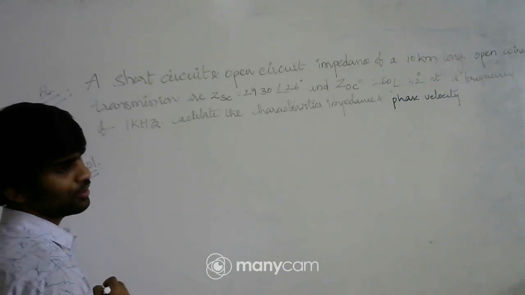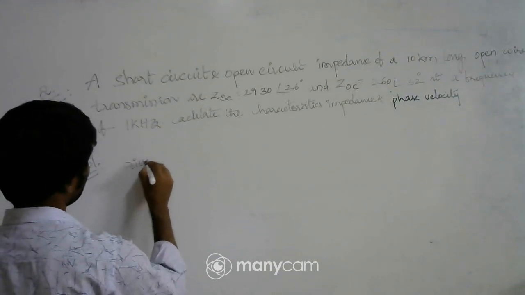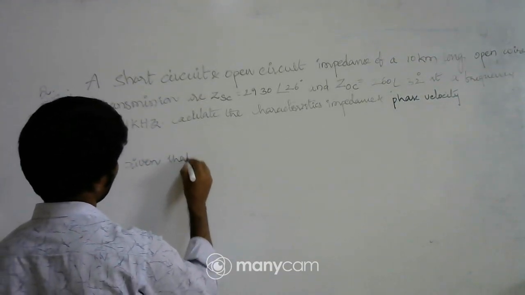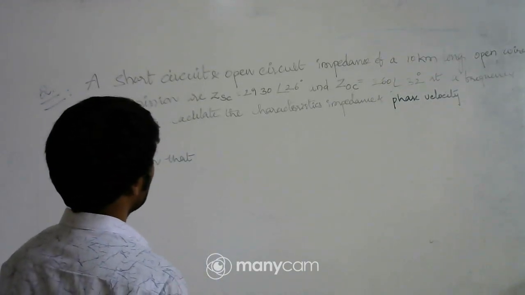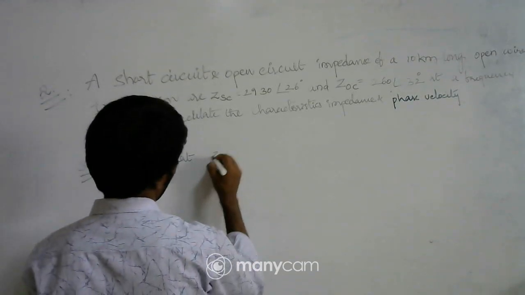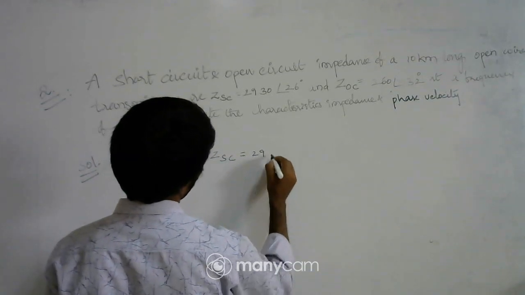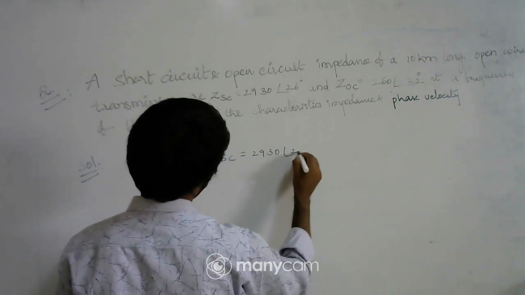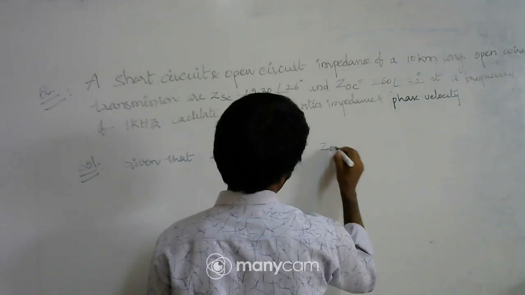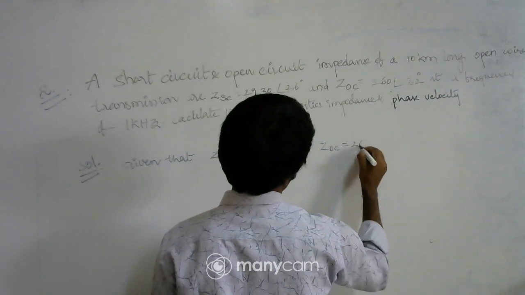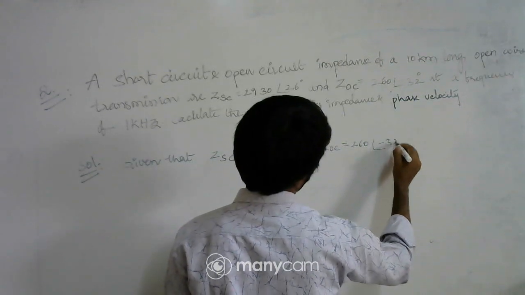First you need to write down the given data. We have impedance at short circuit, Z suffix SC, 2930 angle 26 degrees. Next, impedance at open circuit, Z suffix OC, is equal to 260 angle minus 32 degrees.